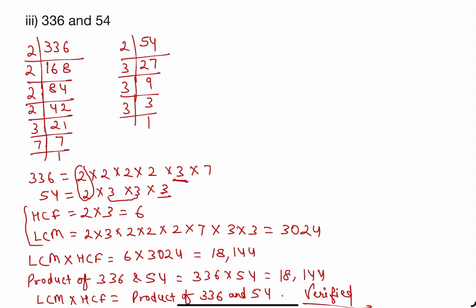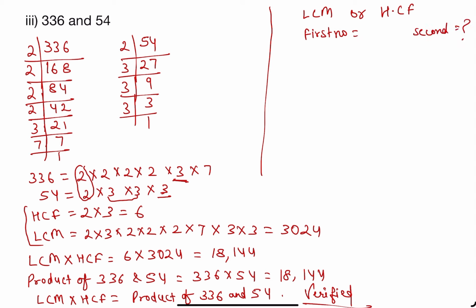So what have we understood from these questions? We have understood that if you know any two numbers, then you can find LCM and HCF. But if you know the LCM or HCF of given two numbers, and you are given just the first number, then you have to find the second number, then you can easily find it. How?